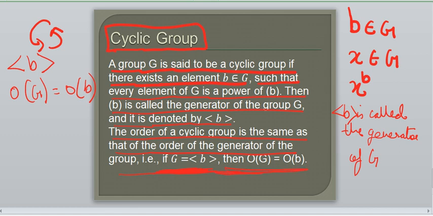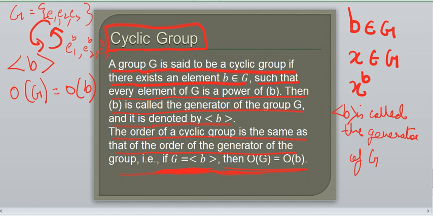So what did we understand from a cyclic group? A group G will be a cyclic group if there exists one element B in that group, such that every element in the G group, say element 1, element 2, element 3, is a power of B. So E1 to the power of some number, E2, E3, and so on.